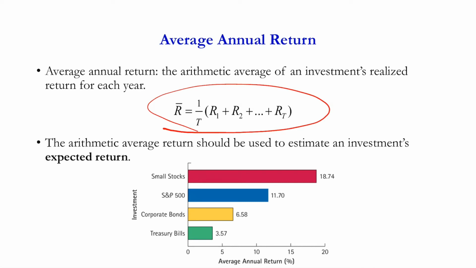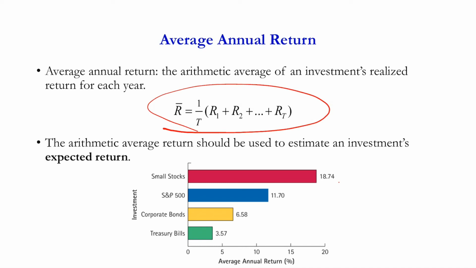When we want to put our money in an investment, we need to know what our expected return is, and a good estimate for the future return might be its past returns. So the best estimate that we have is the average annual returns of those investments in the past.